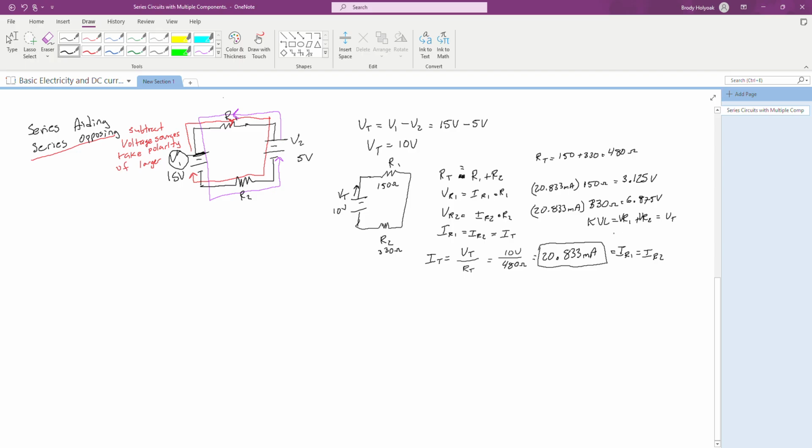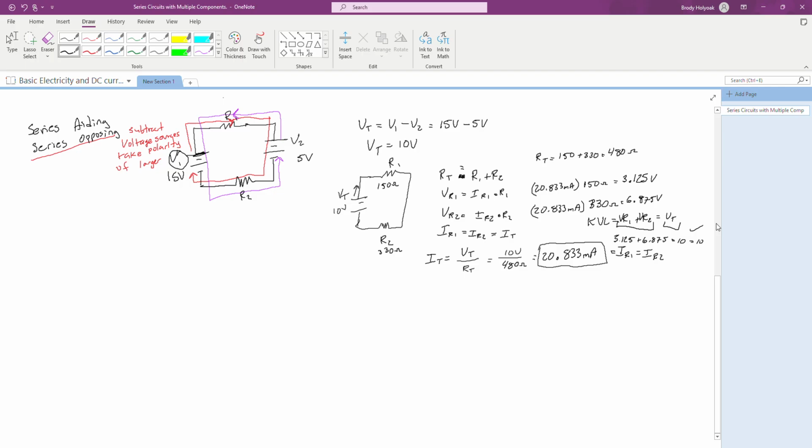So the shortened version of my Kirchhoff voltage loop is I want all my drops equal to my source. So I have 3.125 plus 6.875. That is going to give me 10, and that is equal to 10. And we're well within our 5% because they do actually match on this one, so that's good.